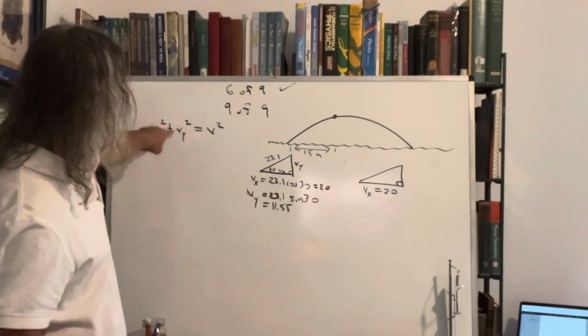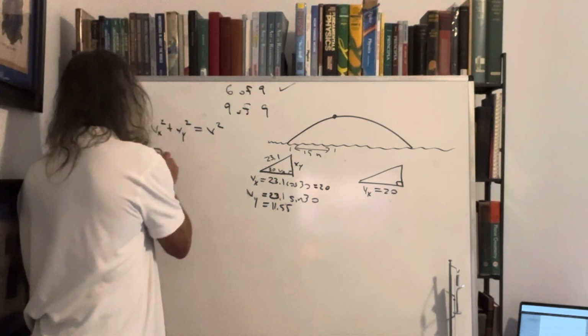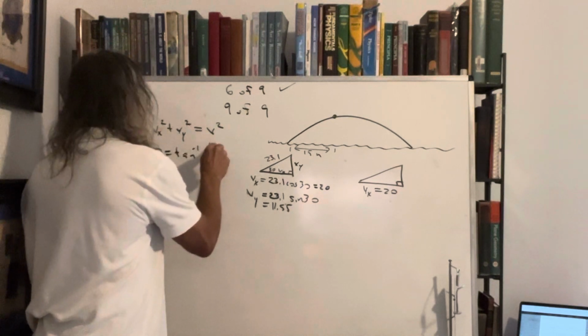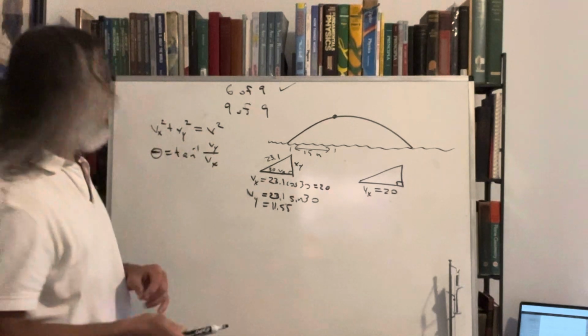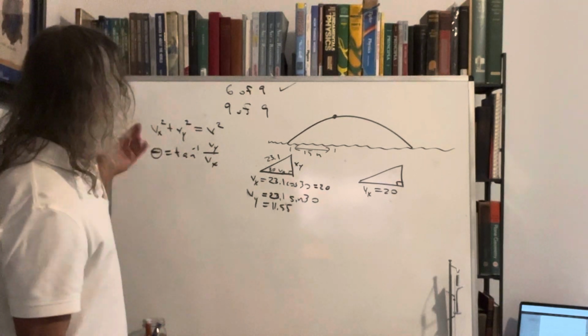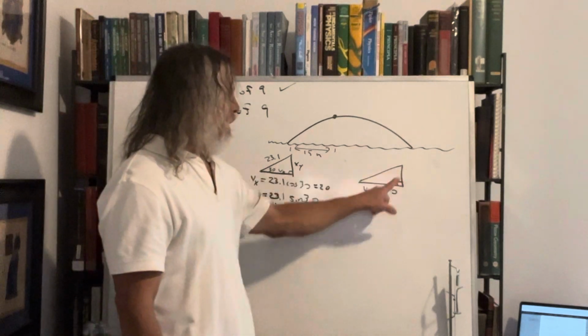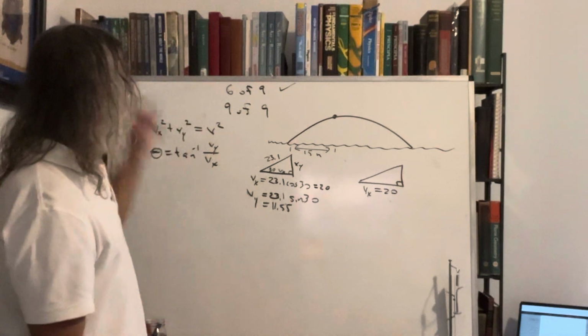So this component plus this component is that. And then the angle will be like that, inverse tangent. So we're always doing something like that. The inverse tangent, the opposite over the adjacent, gives you the angle. Okay, so that's what we'll be doing.